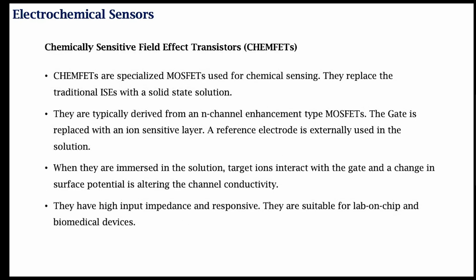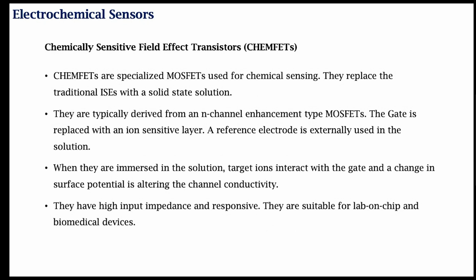The other topic of interest is the ChemFETs, or the chemically sensitive field effect transistors. In this case, what happens is that we use field effect transistors. There is a gate that is present in the field effect transistors.